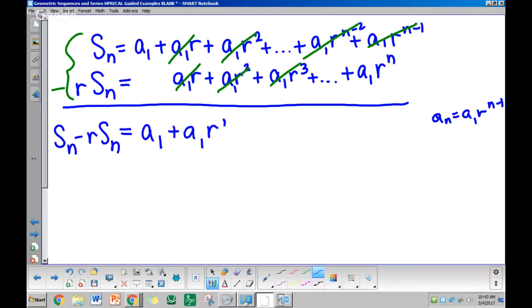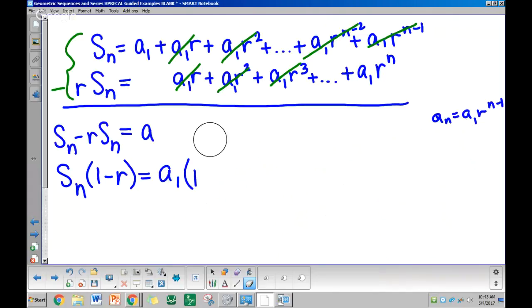Oh, and then you just factor out the S of n over here, yes? And I get 1 minus r equals a sub 1, factor that out. But I'm subtracting, so this has to be a negative, I'm sorry. I forget about subtracting. Minus 1 minus, I'm sorry, r to the n.